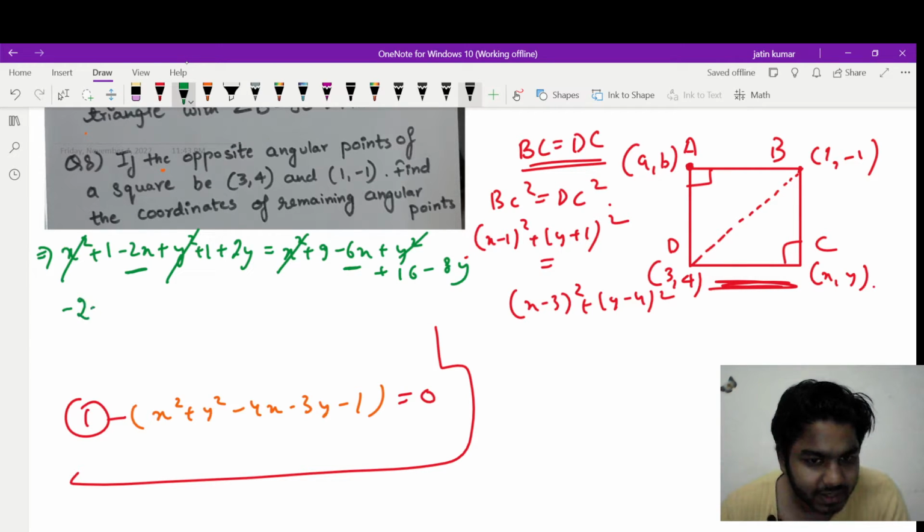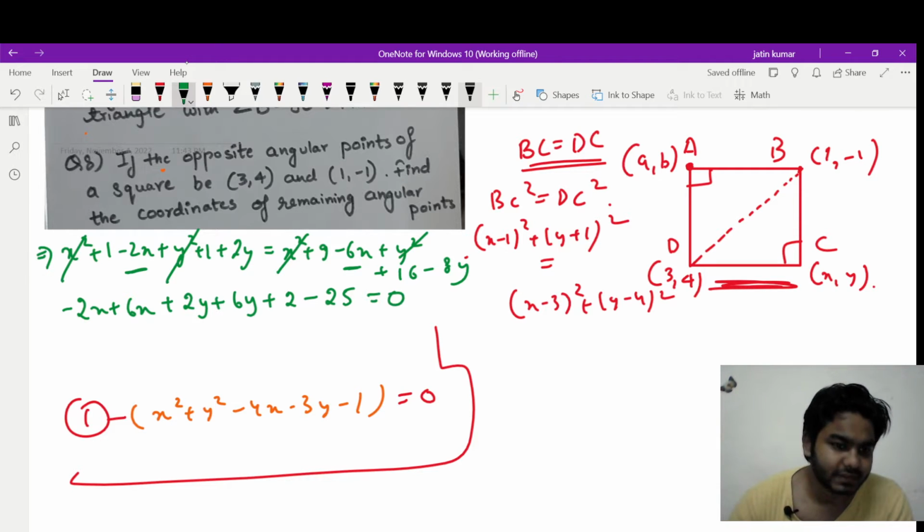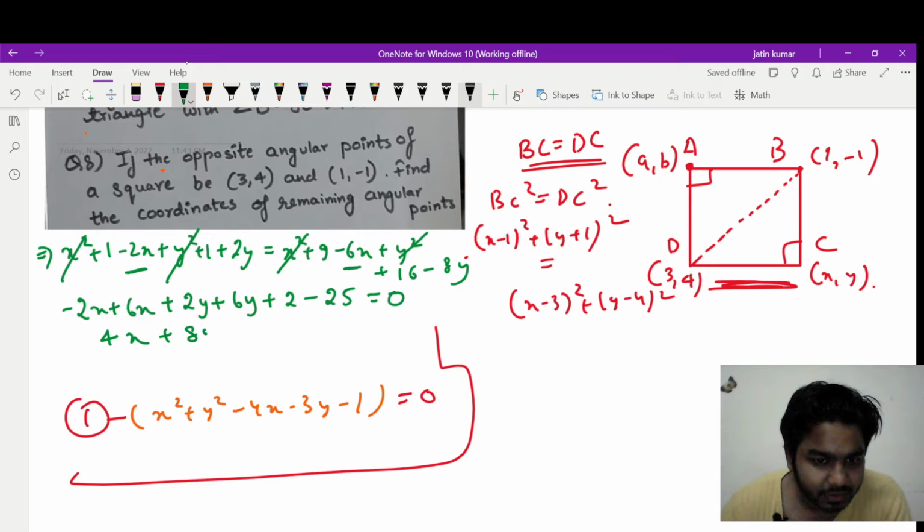So minus 2x plus 6x, plus 2y plus 6y, and here plus 2 minus 25, is equal to 0. So let's solve it. So it will be 4x plus 8y minus 23 is equal to 0.